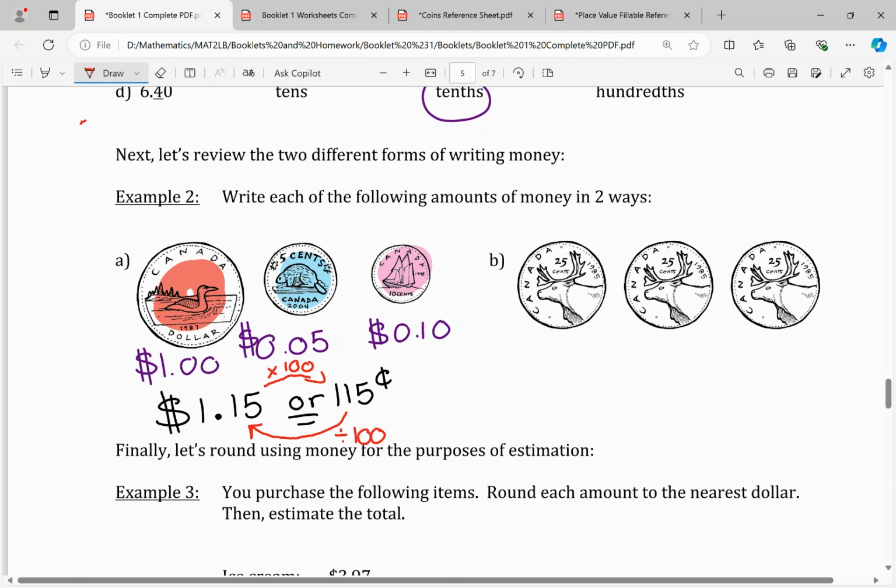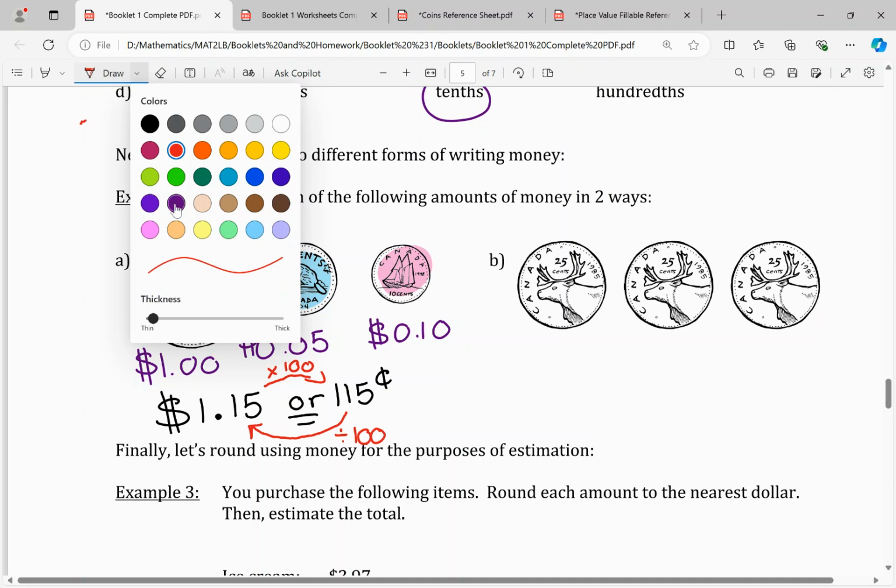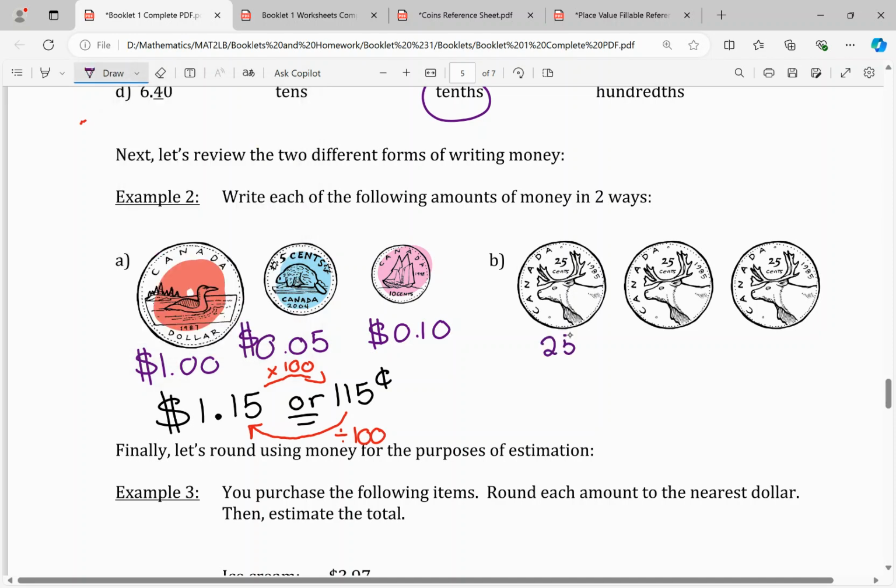Question B asks us to write 3/4 in terms of money. Now, remember that each quarter is worth 25 cents. This time, I'm just going to write it like this: 25 cents, 25 cents, 25 cents.